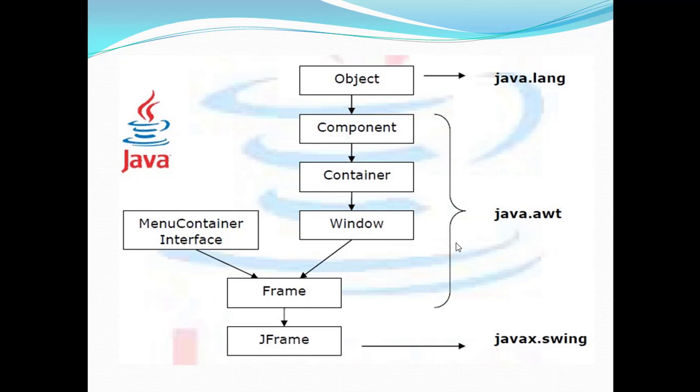Or component has a subclass JComponent, and from that all the swing components are started, and all the swing components are placed in a javax.swing package. Javax.swing is the largest package in Java.